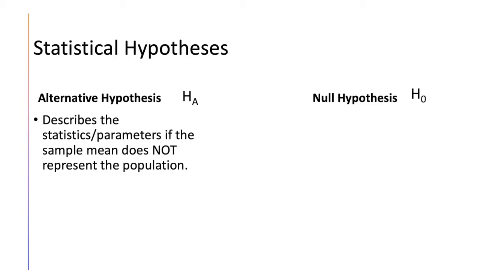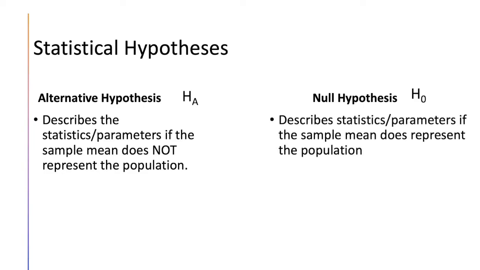And if we propose that that manipulation changes the sample so that it no longer represents the population, that's our alternative hypothesis. The null hypothesis suggests that there's not going to be a change. Null means no, right? The lack of. And this is what we describe if the sample and the population are not different, if they remain the same.